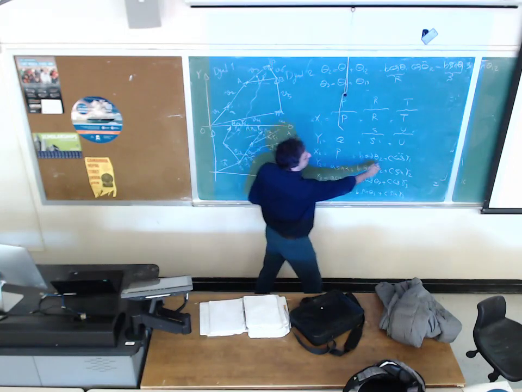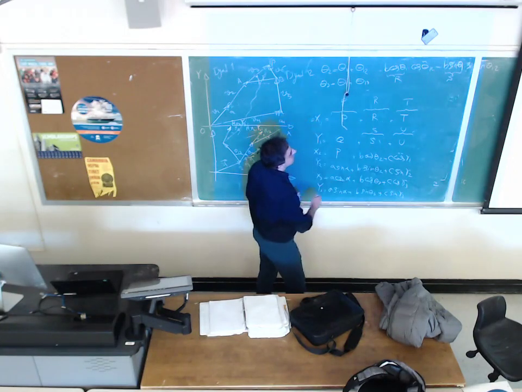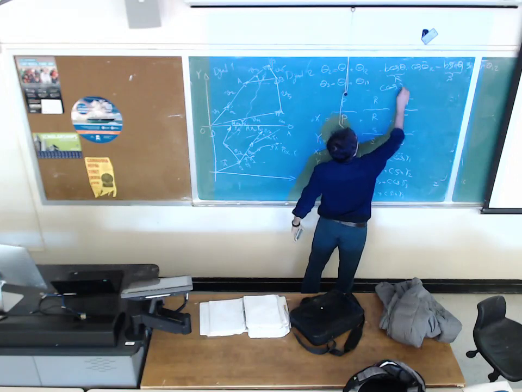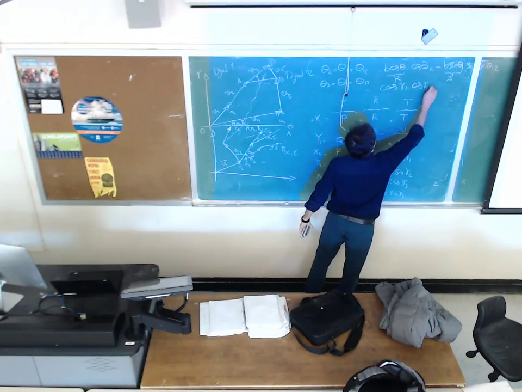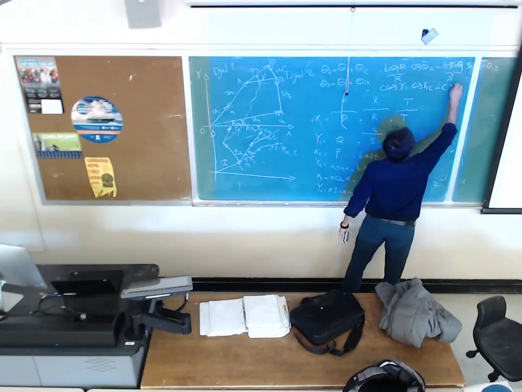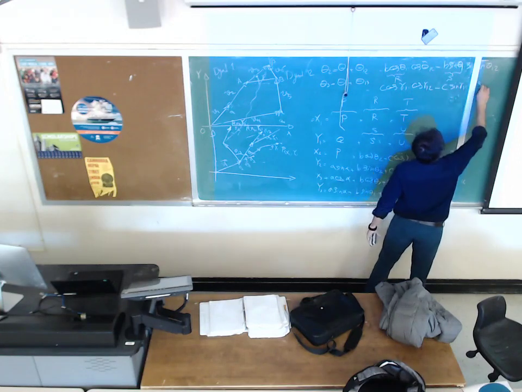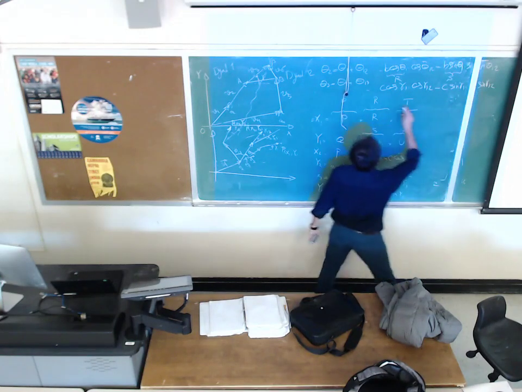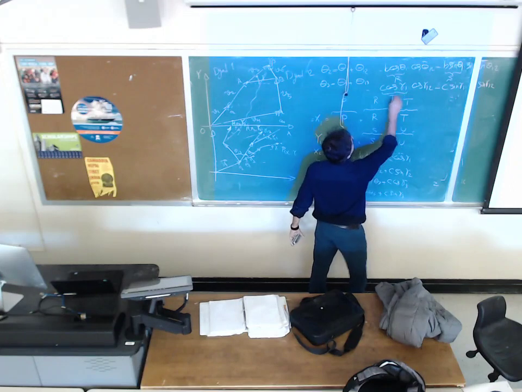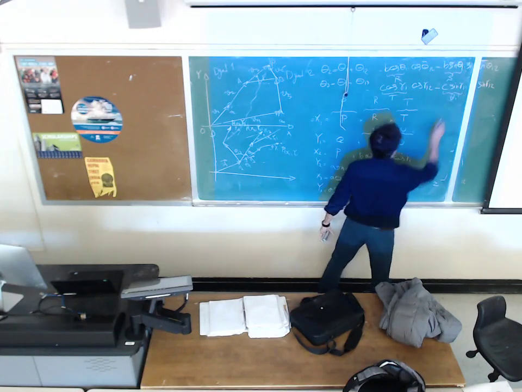And C cosine of gamma 2 is going to be C cosine of gamma 1 cosine of gamma 12 minus C sine of gamma 1 sine of gamma 12. So this is T, this is U.